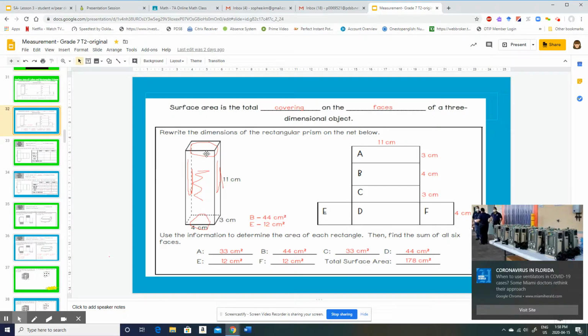And our bottoms are just 3 times 4, so 3 over here times 4, and that equals 12 centimeters squared. I add all 6 numbers together, and my answer should be 178 centimeters squared.